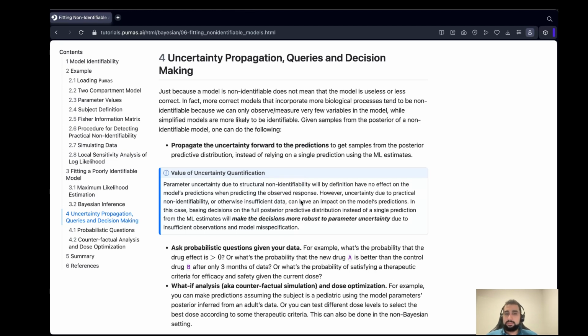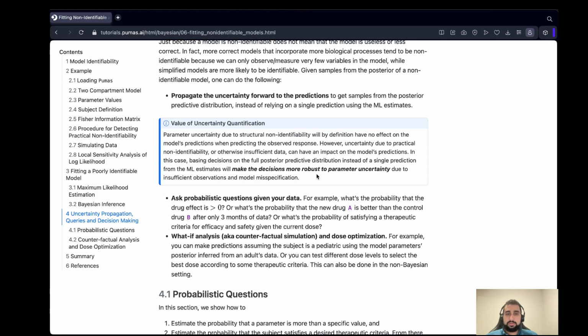Doing Bayesian inference can make your predictions more robust to parameter uncertainty, whether it came from structural issues, practical identifiability issues, or insufficient data. So uncertainty quantification is a very important thing to do. And again, that's why, for example, people estimate standard errors and other quantities in regular maximum likelihood estimation, right?